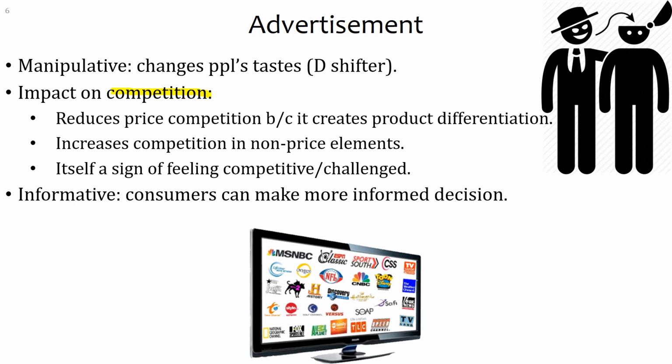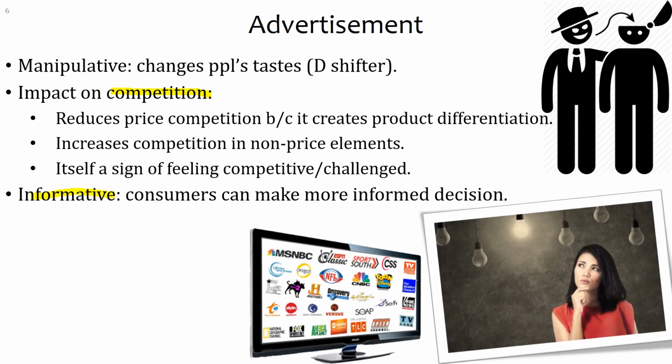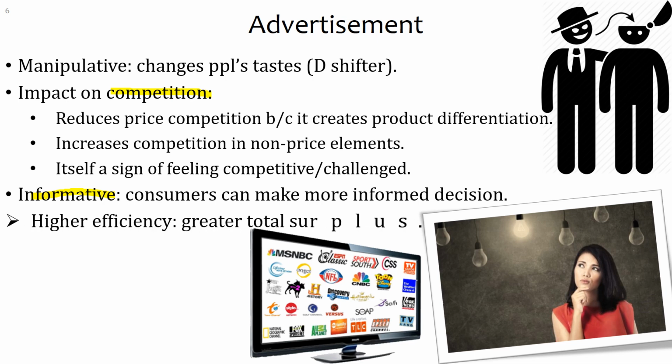We're talking about all people together, the entire market. It's not that easy to manipulate people in the long run, all right? So the informative aspect of advertisement is quite important. It basically gives ideas to people, and that results in higher efficiency, which means greater total surplus.